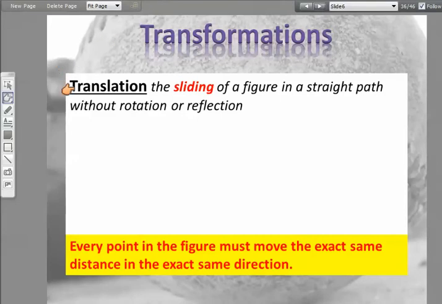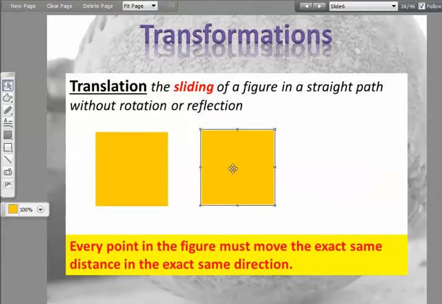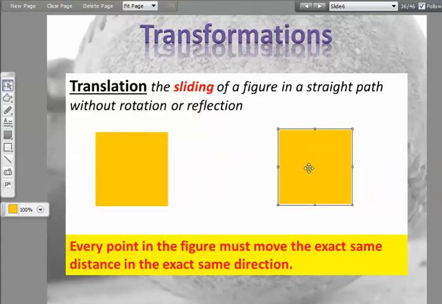So let's talk about translations. Remember, that's the sliding of a figure in a straight path without rotation or reflection. I've added the square because the square was very important for understanding what was going on. So what that means is you're taking this square and you're just moving it to another place.